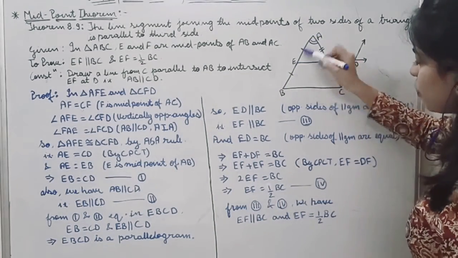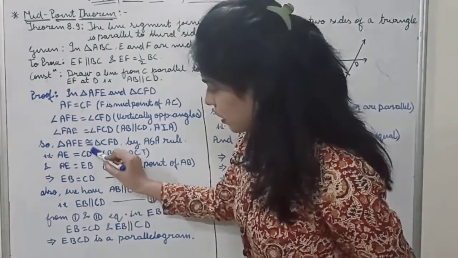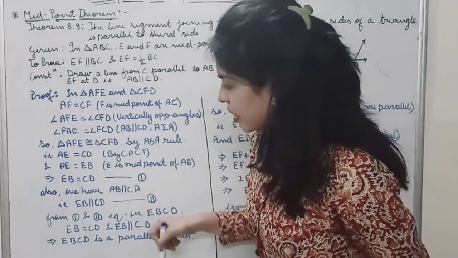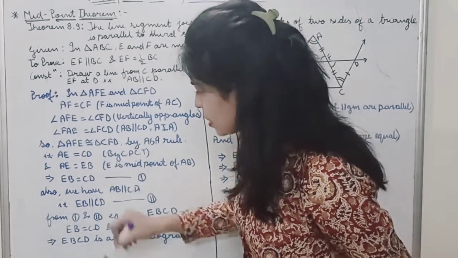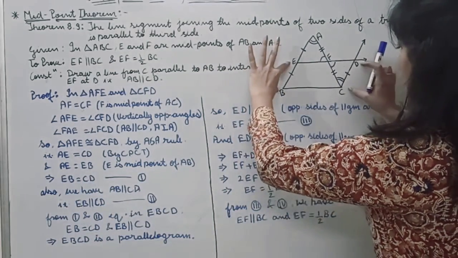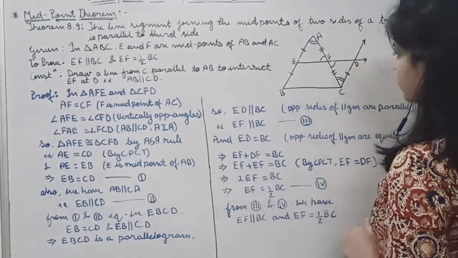Why? Because E is the midpoint of AC. So by comparing these two equalities, AE equals CD and AE equals EB, we can conclude that CD is equal to EB. Okay, so EB is equal to CD. We'll name this as equation number 1.